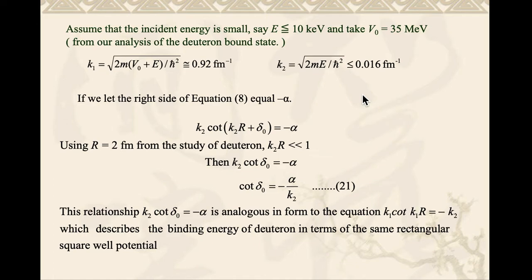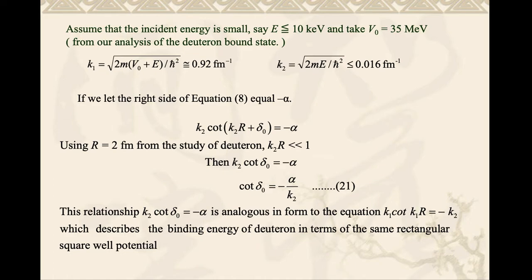So we have the equation that for a deuteron, your K1 is equal to root of 2m into minus B plus V0, or V0 minus B, by h cross square. And there the energy of deuteron was taken as its binding energy.